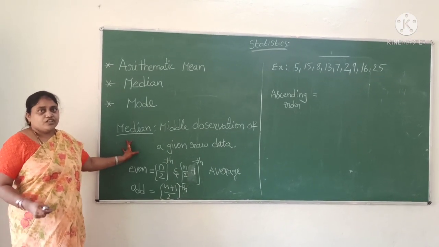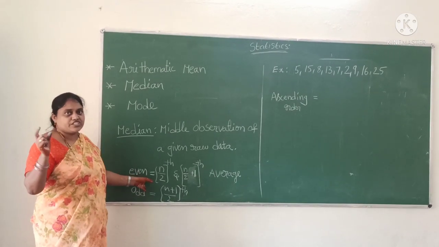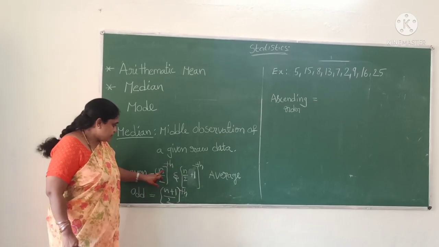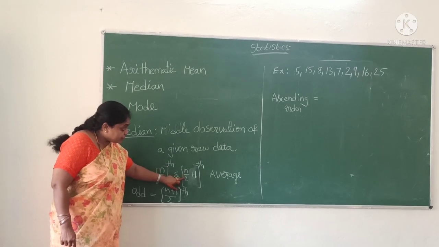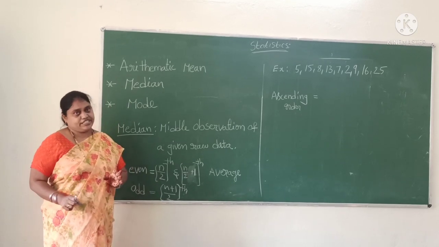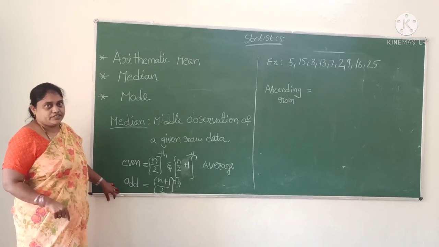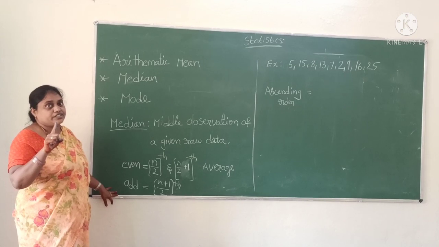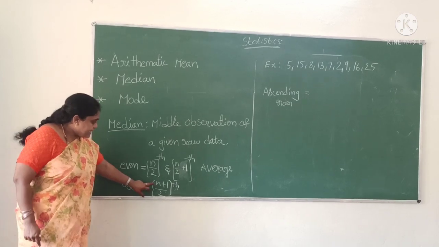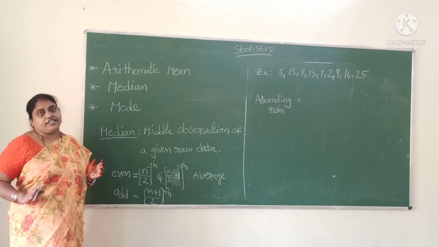For example, if we have observations in even number, then we use this formula: the average of the n by 2 and n by 2 plus 1 observations. And if the observations are in odd number, meaning 3, 5, 7, 9, etc., then we use the n plus 1 by 2th observation as the median of that data.